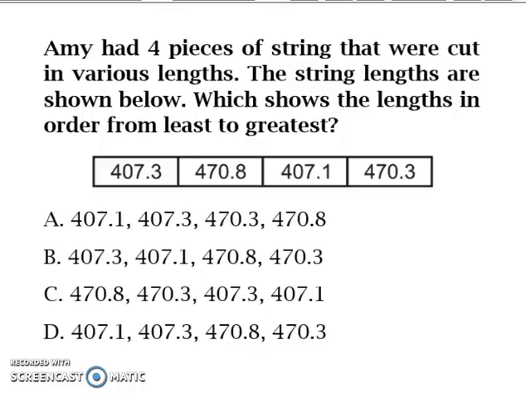Amy had 4 pieces of string that were cut in various lengths. The string lengths are shown below. Which shows the lengths in order from least to greatest? Again, from least to greatest, we know that we are going from the smallest number to the largest number.